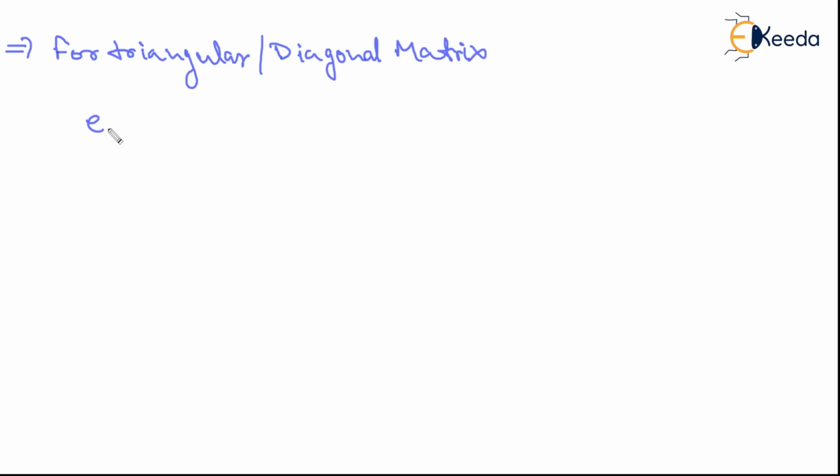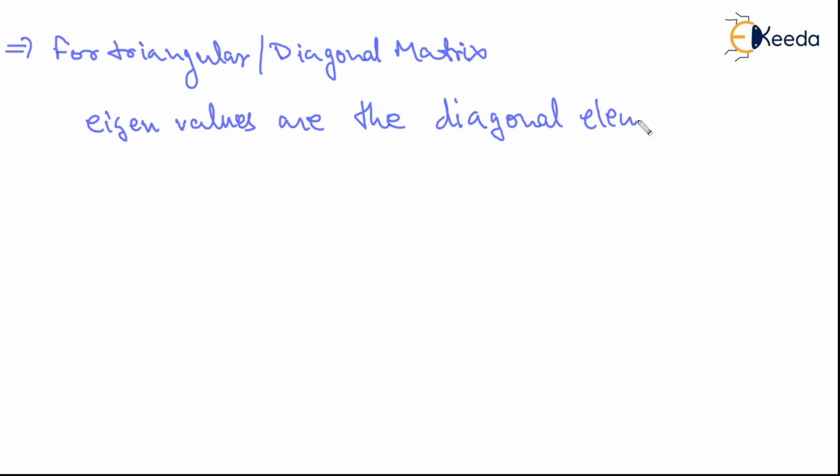Next point is, for a triangular or diagonal matrix, the eigenvalues are the diagonal elements. Why so? Because the trace will give you the sum of the eigenvalues.